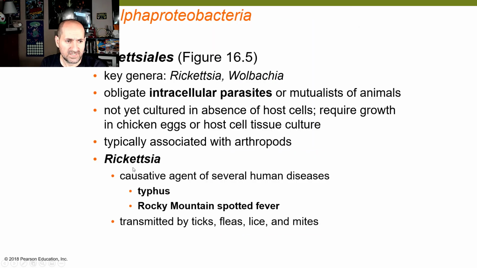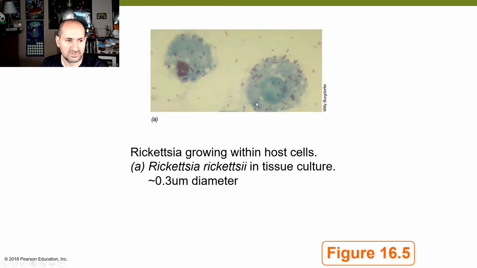I gave you an example of an alpha Proteobacteria, Rickettsia. So Rickettsia is a causative agent of some human diseases, including typhus and Rocky Mountain spotted fever, and these are intracellular parasites.